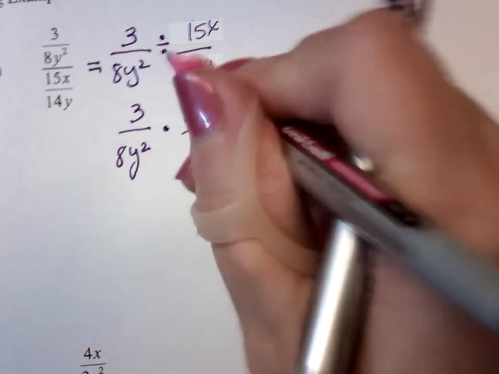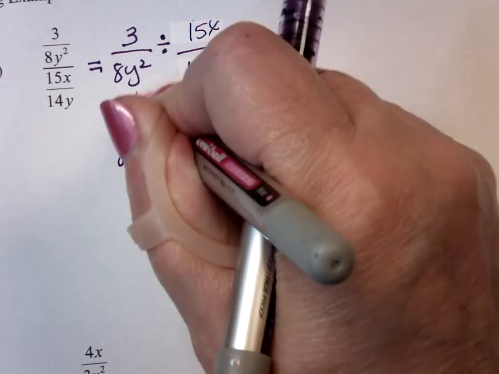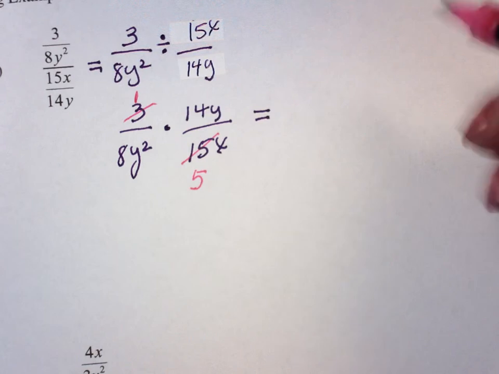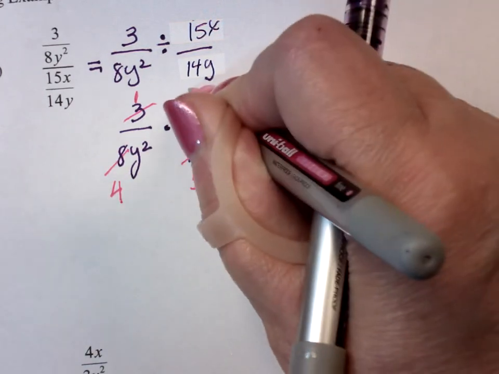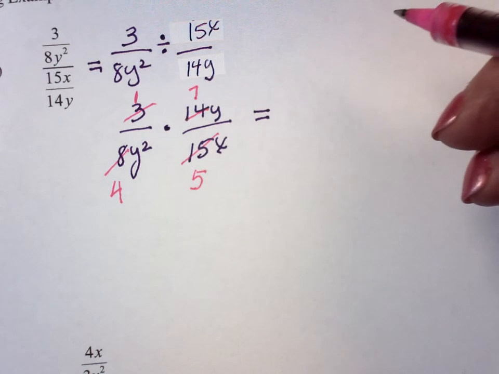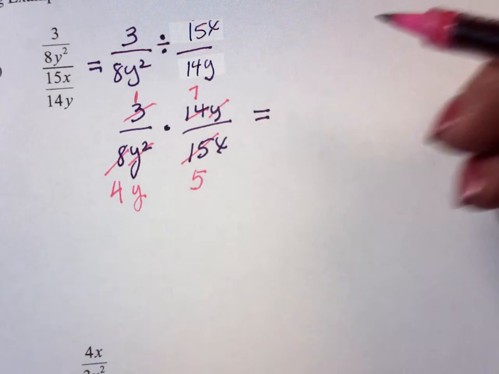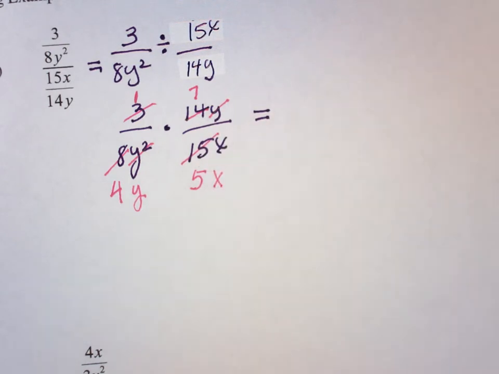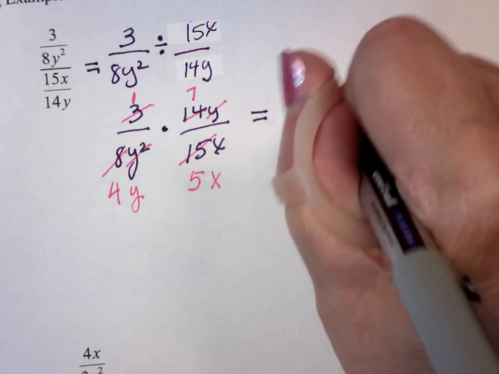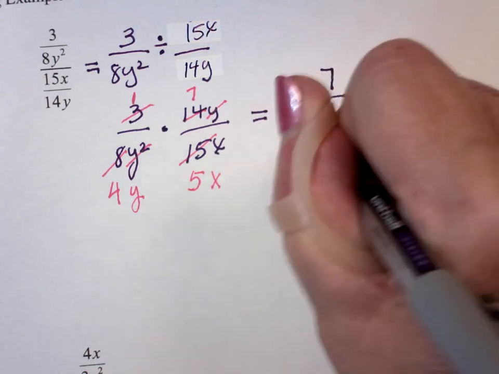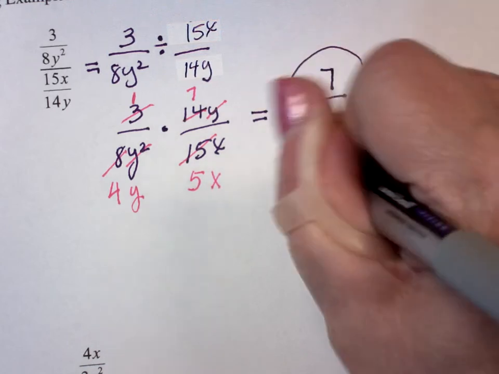So that, excuse me, 3 divides 15 5 times, divides 3 once. 2 divides 8 4 times, divides 14 7. Y takes out one of the 2 y's, and then I just have an x left over. So my answer ends up being 7 over 20yx, or 20xy.